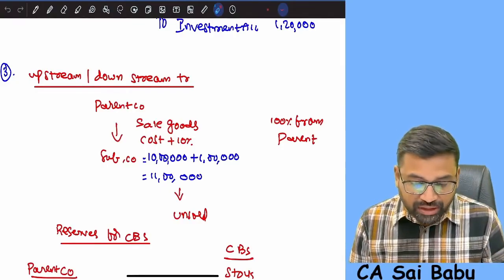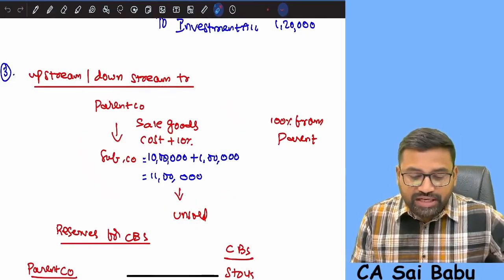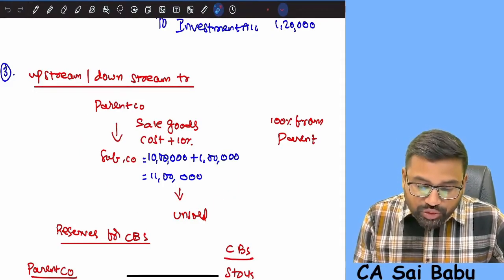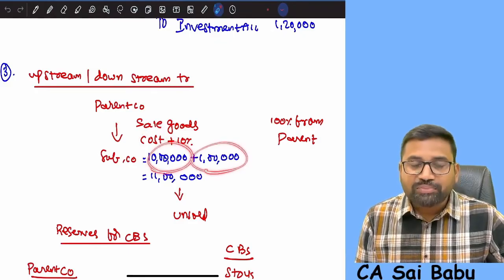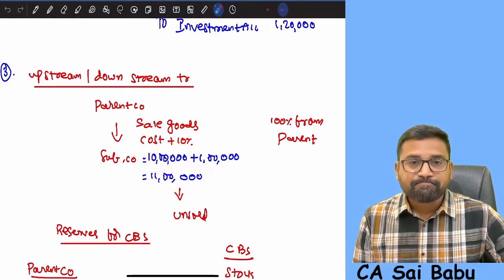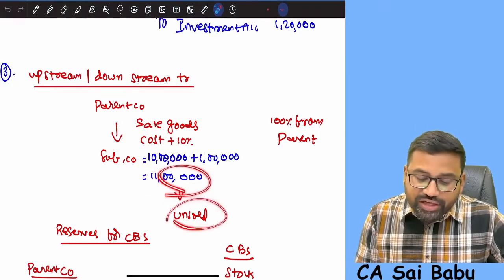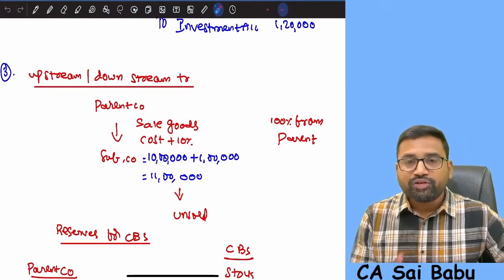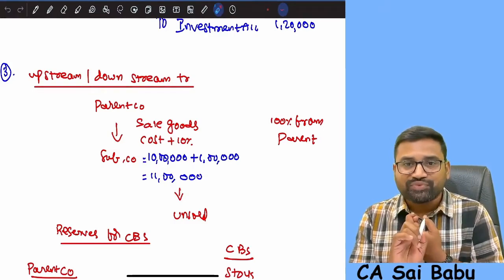Okay. Suppose there is a downstream transaction, that means the parent company sells goods to the subsidiary company. Suppose the goods are sold at cost plus 10%. Suppose cost is 10 lakhs, 10% profit added, 11 lakhs. Suppose the entire stock is there in the subsidiary company, not yet sold. Now tell me, you are preparing the consolidated balance sheet. Consolidated balance sheet means parent and subsidiary are treated as one entity.